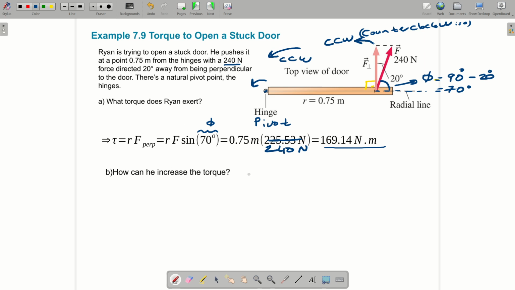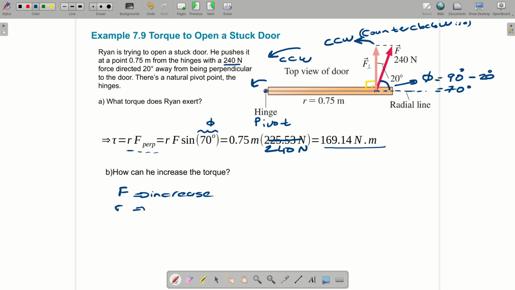How he can increase the torque is part B of this question. Logically, I can increase the torque by applying a larger force, right? So by increasing the force, that's one option. Or I can apply it from a farther away point, each of which will make one of these values larger.